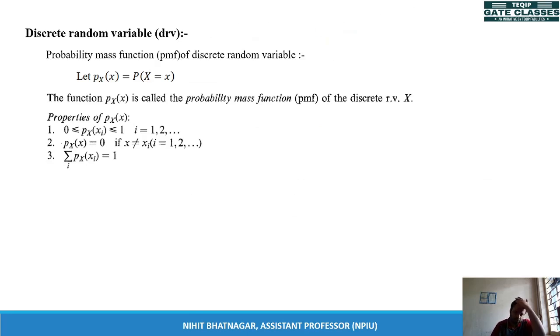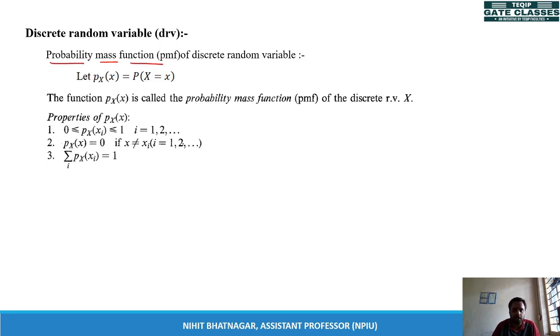So first we define the PMF, probability mass function. You can say the identity of a discrete random variable is defined by the PMF. It is an identity card of a discrete random variable. The definition of the discrete random variable is sustained by the PMF.